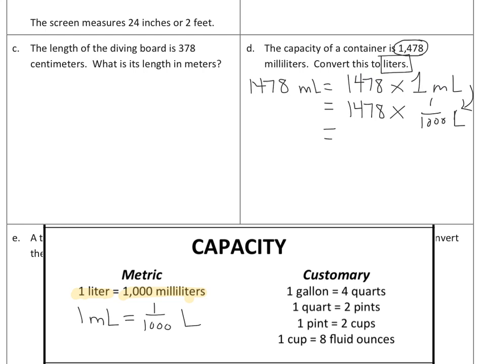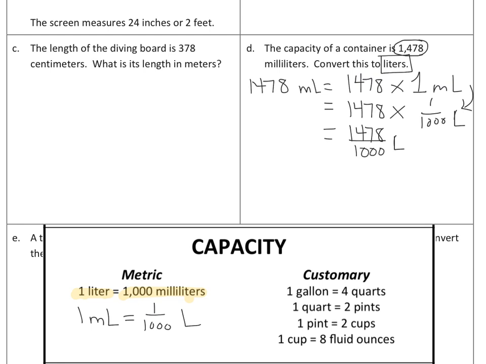And now we're going to multiply 1,478 times this fraction, 1/1000. Following that pattern, we're going to keep the denominator the same as 1,000. And now we're only going to multiply 1,478 times 1. And that's going to be 1,478 over 1,000, and that's going to be liters.